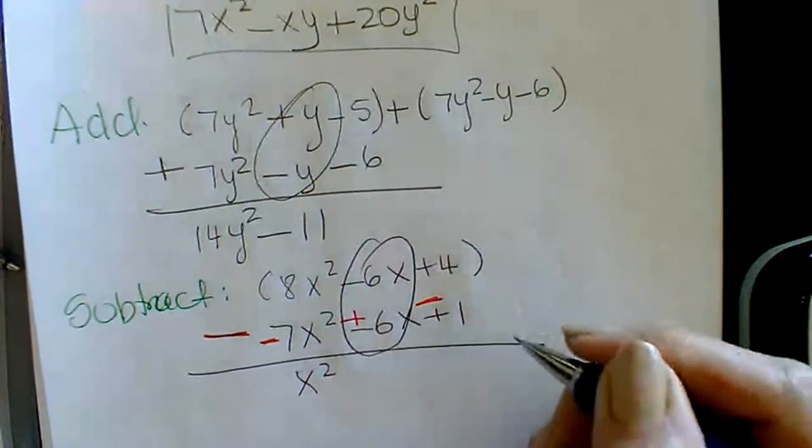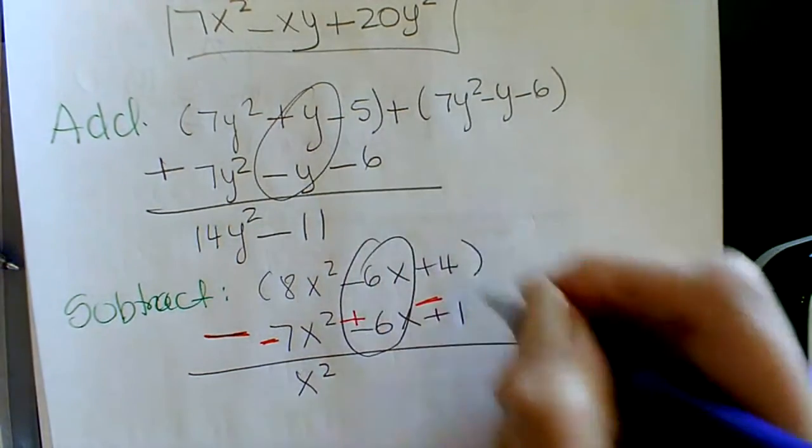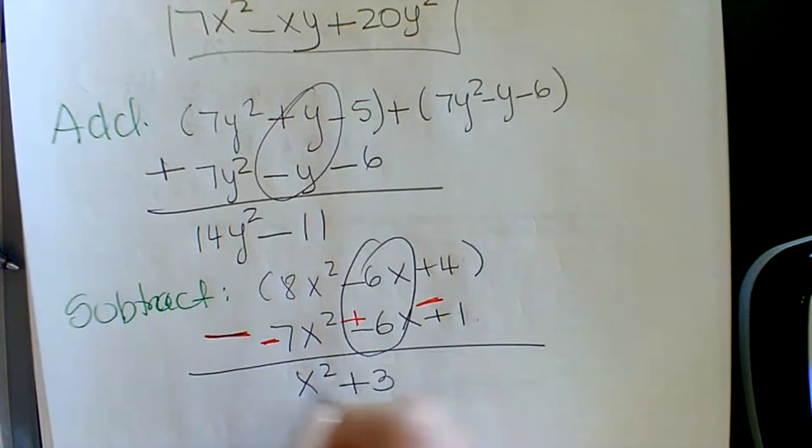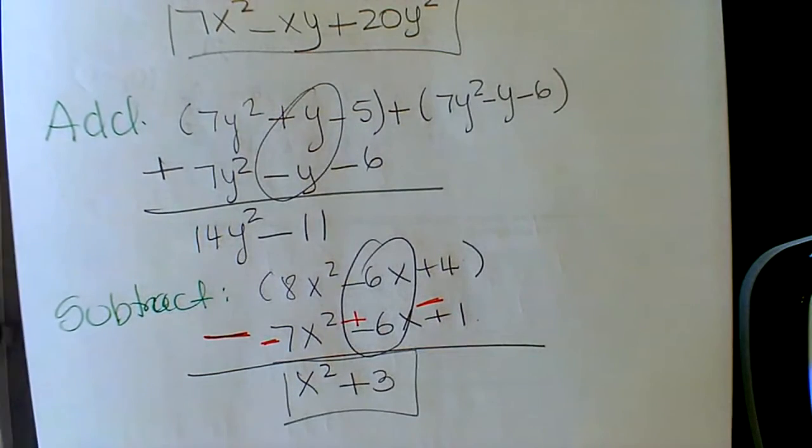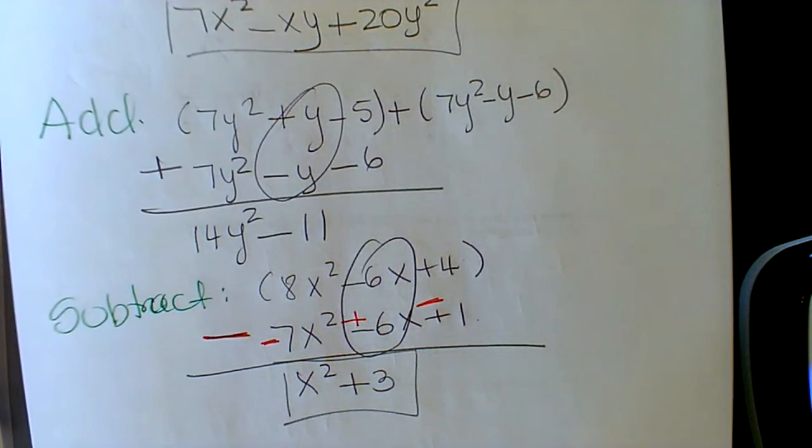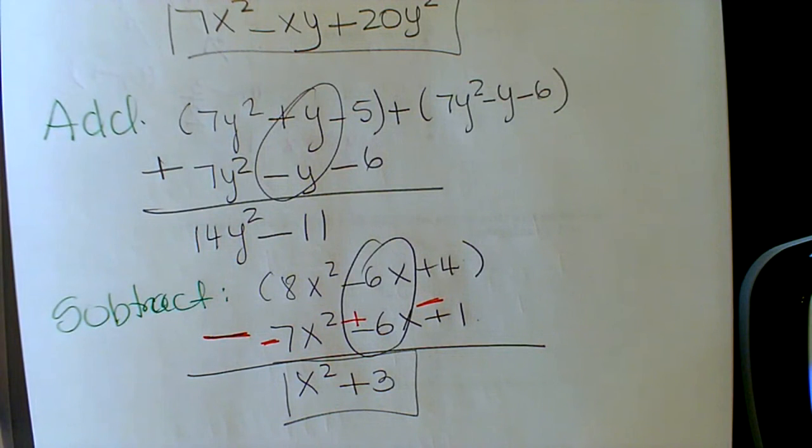We're not going to have an x here anymore. 4 minus 1 is 3. Okay? And we have another example that is exactly as the one that I did for Maya and Mark.